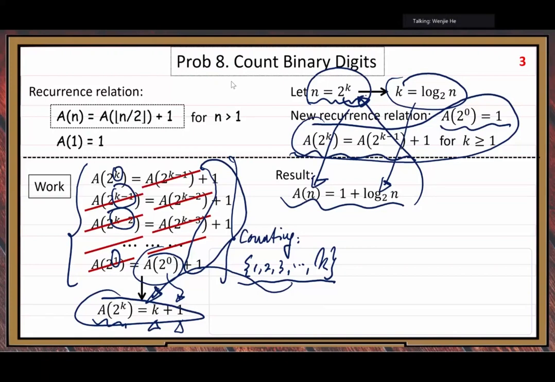If n is not a power of 2, it does not make sense. The right-hand side must be an integer because we count the number of additions, and the number of additions must be an integer. But log base 2 of n won't be an integer. So for the general case, the right-hand side expression won't be an integer expression, and it won't be the exact formula we hope to find.